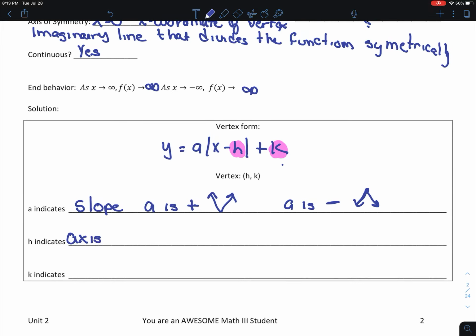One, h is our axis of symmetry. It is the x-coordinate of the vertex. And it tells us how the graph is shifted horizontally. So it's a horizontal shift.